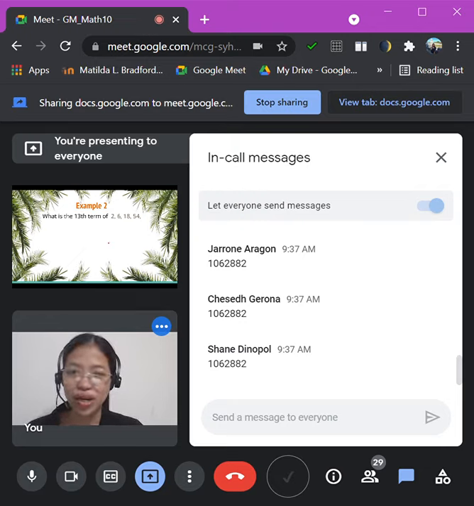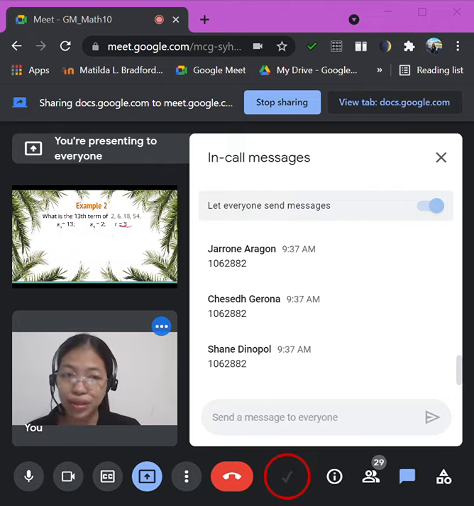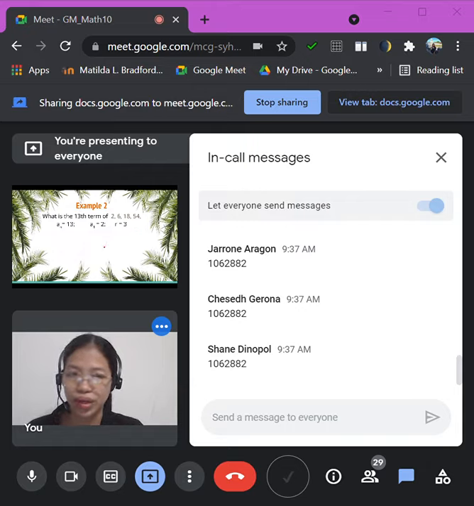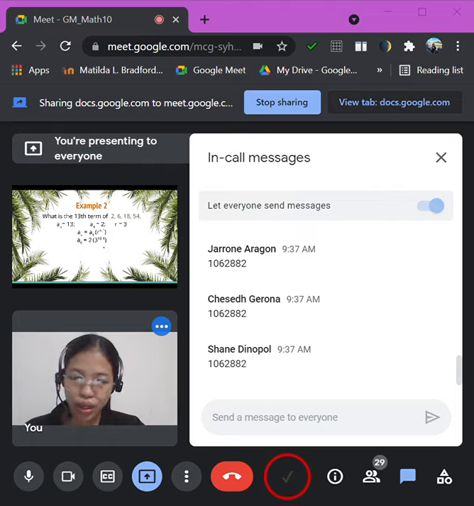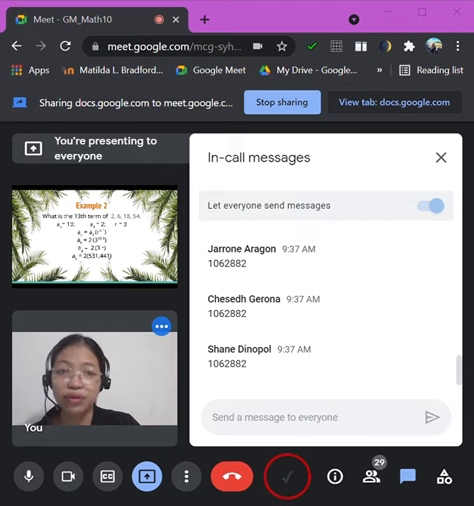Okay, now let's check your answers. So, ato ra siyang gipang right gihapon atong mga given. We have a sub n is equals to 13, a sub 1 is 2, and then still their common ratio is 3. Now, substitute that one with your formula, and then you will have there 2 times 3 raised to the power of 13 minus 1, and that is 3 raised to the power of 12. 3 raised to the power of 12 is equivalent to 531,441.